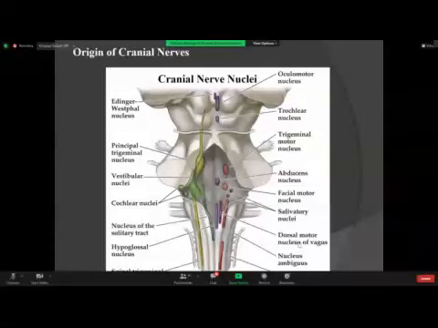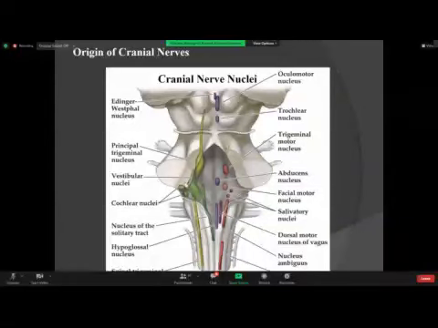I don't want you to spend too much time on these, but again, what I want you to understand is that the cranial nerves, they have multiple origins at times, and they come in as a combination of factors that result in their function.